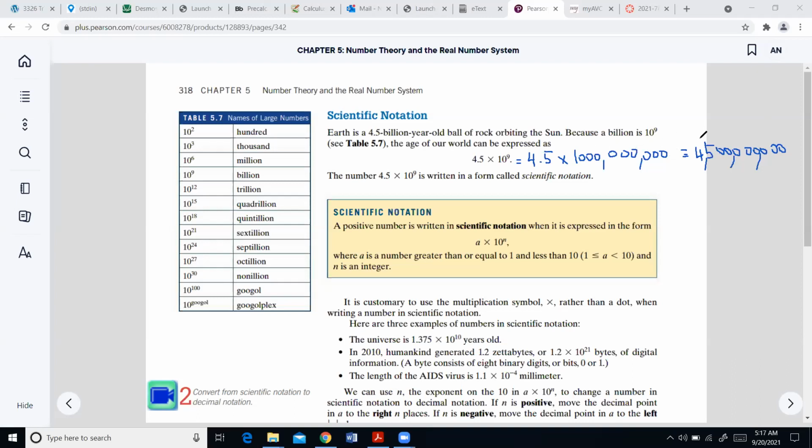So it's 4,500,000,000, that's 4 billion and 500 million. And the calculator gives the answers in that form.